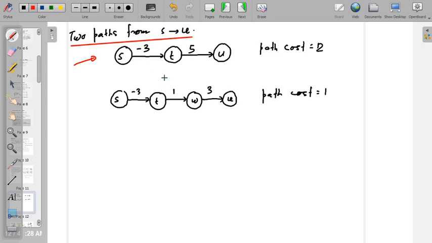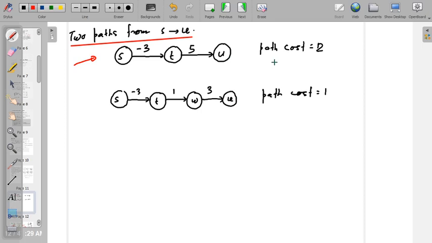If I am having some negative edge cost, and I am trying to apply Dijkstra's algorithm, I know that each edge cost should be positive. So what I am doing is making all these edge costs positive first, and then I'll apply Dijkstra's algorithm.